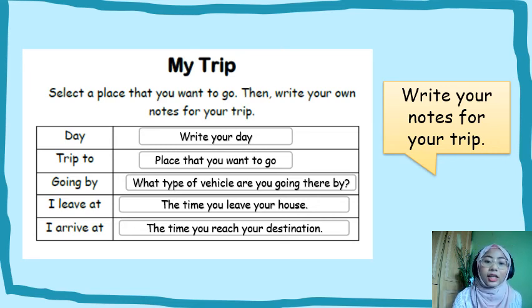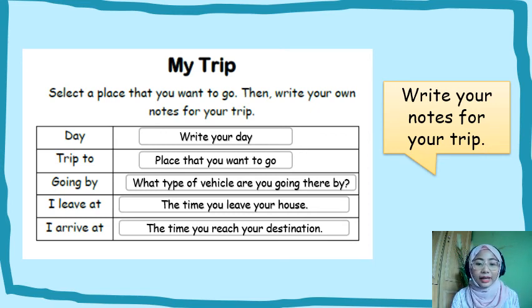For this section, write the place that you want to go. For me, I want to go to the zoo. Then you have the transportation. What type of vehicle are you going by? Are you riding a bus, going by car, or walking there?